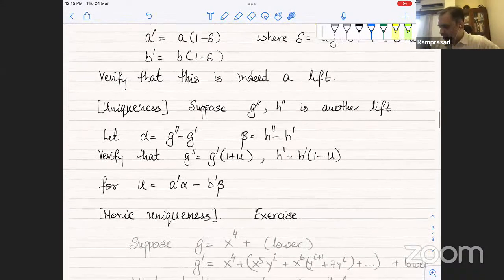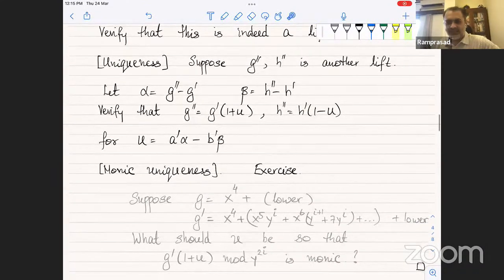Okay. The monic uniqueness thing, I will leave as an exercise, maybe with just an example to convince yourself: if you are forced to make it monic, what is the only u that you can use? Suppose G was originally this, which looked like x power 4 plus a bunch of lower order terms. So it's monic because the highest degree term looks like x power 4.